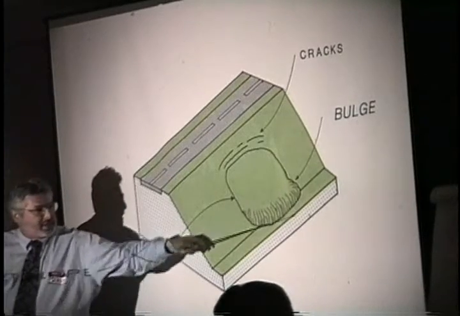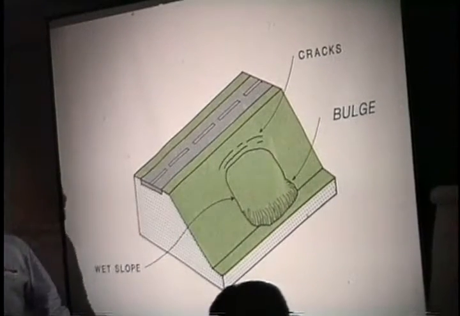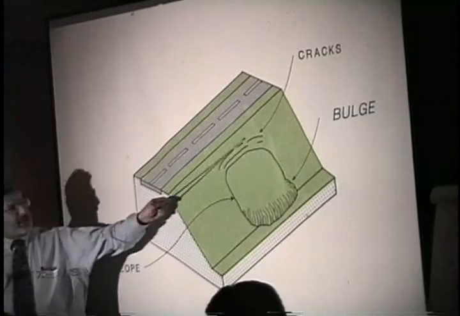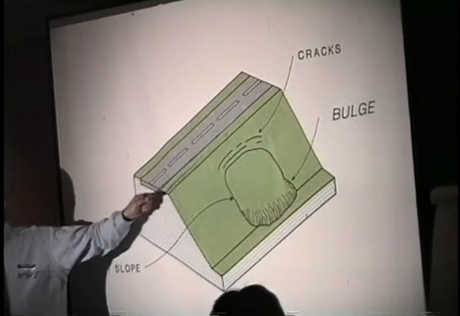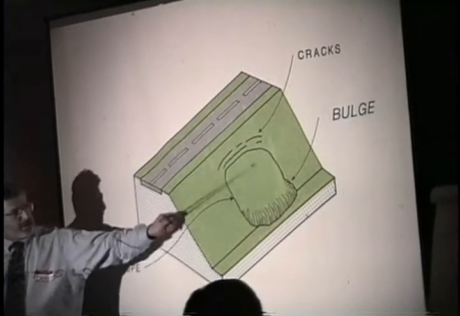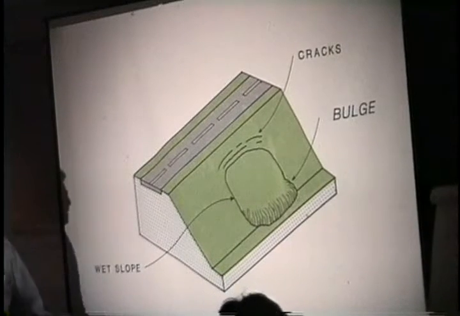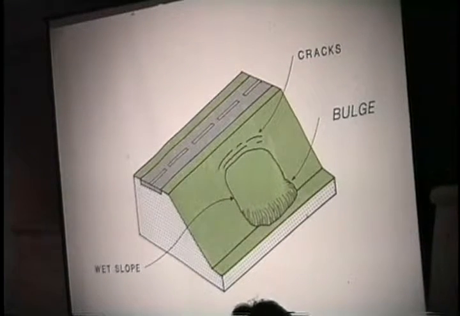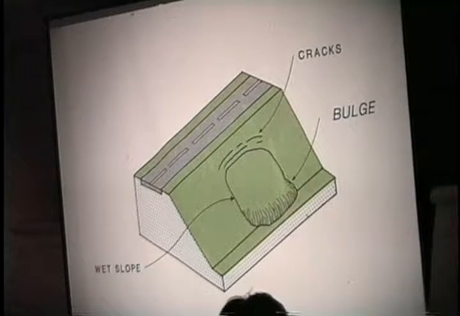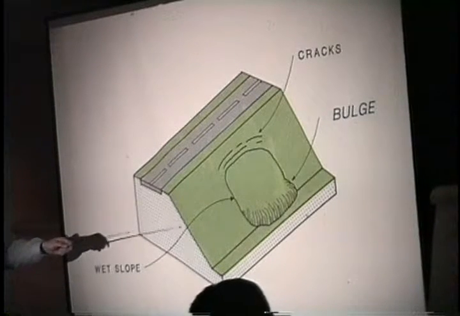But as Andy mentioned, that bulge is kind of a giveaway. So you may only have cracks and not see a scarp, but the slope bulges a bit. It says wet material, so that would be just a little swelling, not necessarily a major slide.